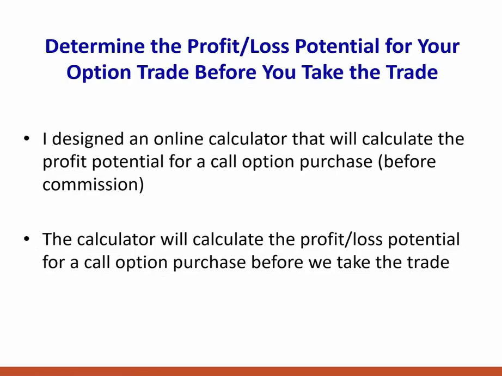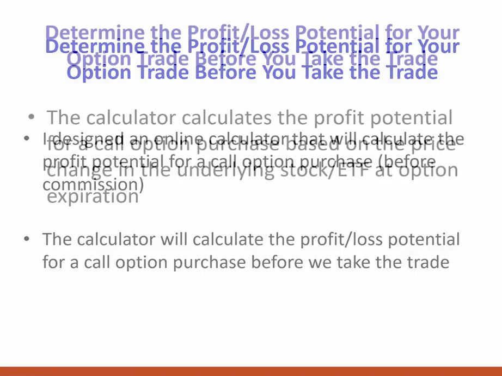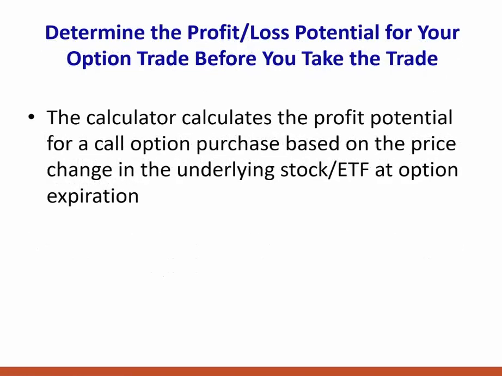So before we take an option trade, we'll plug in the current prices for the option into our calculator, and that way we can determine the profit potential or loss potential before we take the trade. And the calculator will calculate the profit potential for a call option purchase based on the price change in the underlying stock or ETF at option expiration.